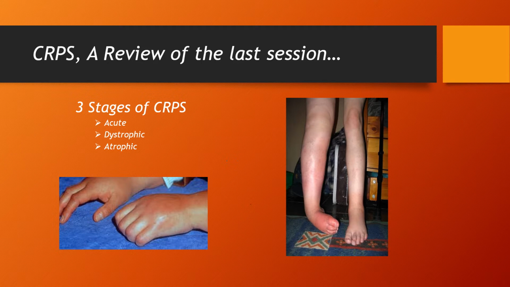Now we move on to the final 3rd stage, which is the atrophic stage. This can occur 6 to 12 months after the injury and take even years to resolve, or in some cases it can be irreversible. This stage presents with a dry, thin, cyanotic skin. You can see mottling here as well. Even more severe pain can spread either proximally or distally to the injury in type 1 and can become systemic and spread to the other limb as well.